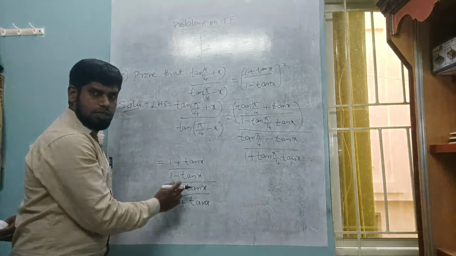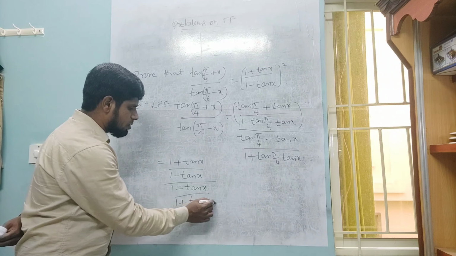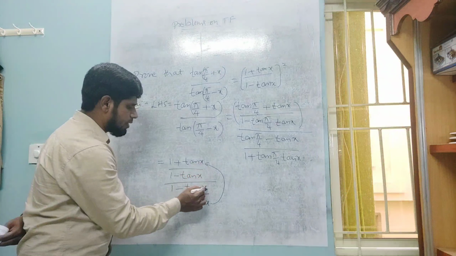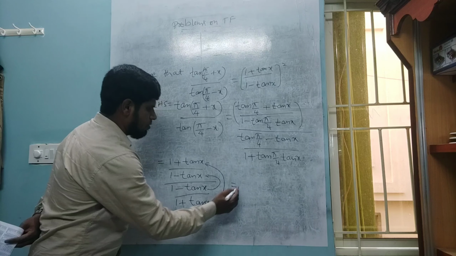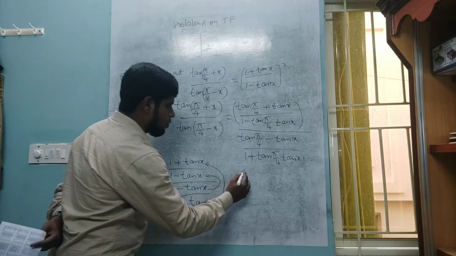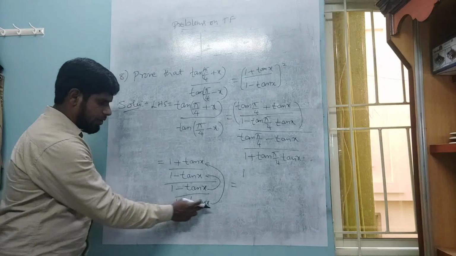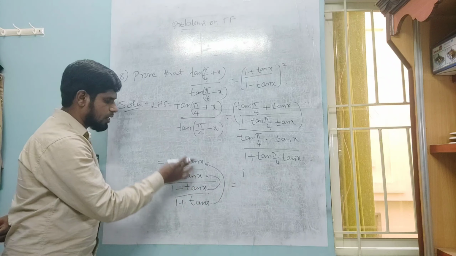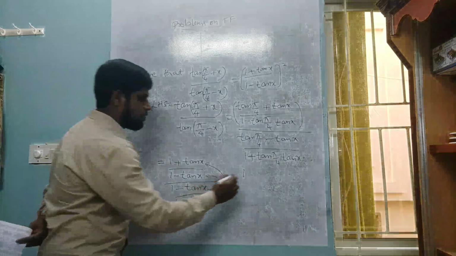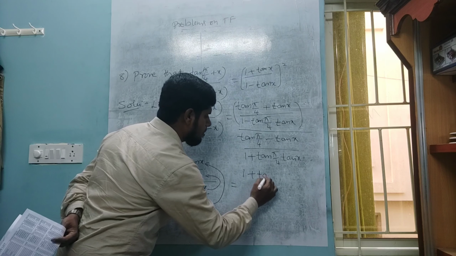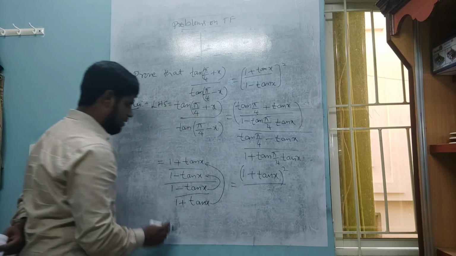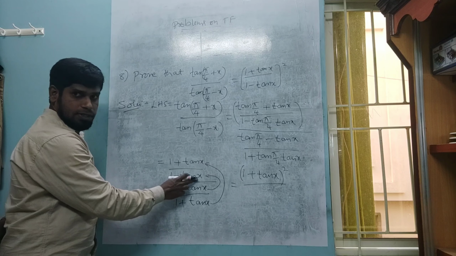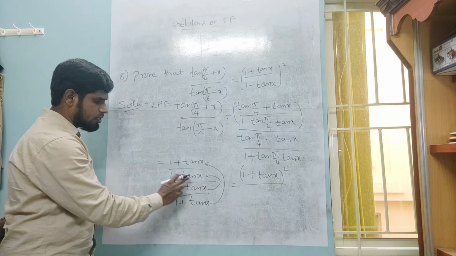Now student, in this concept, we know that this will multiply to the numerator and this will multiply to the denominator. Now the next step is 1 plus tan x into 1 plus tan x. See, this 1 plus tan x again multiplies with this 1 plus tan x. So this becomes (1 plus tan x) whole square, divided by 1 minus tan x again multiplying with 1 minus tan x.